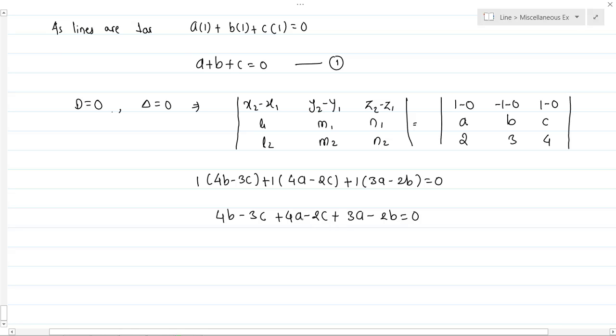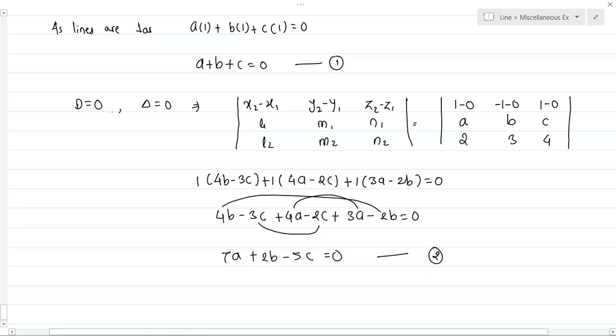So let's collect the same coefficients. 4a plus 3a becomes 7a, 4b minus 2b becomes plus 2b, and minus 3c and minus 2c becomes minus 5c, which equals 0. This is equation number 2.